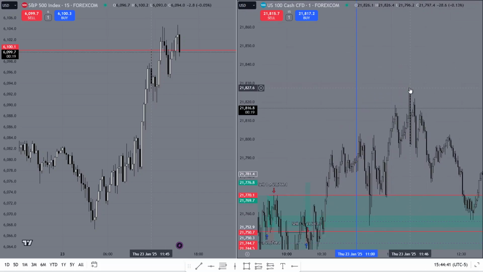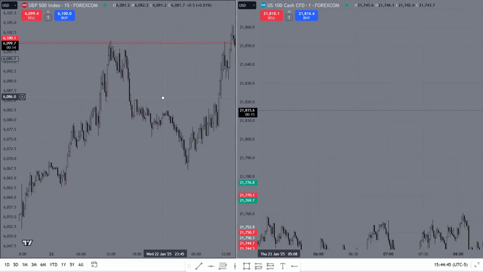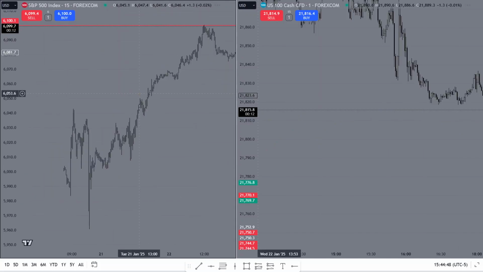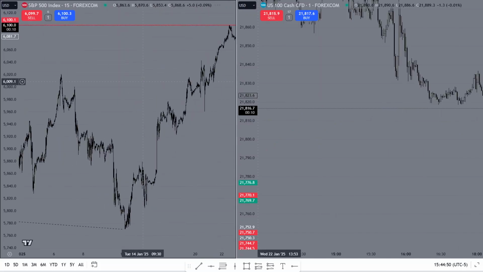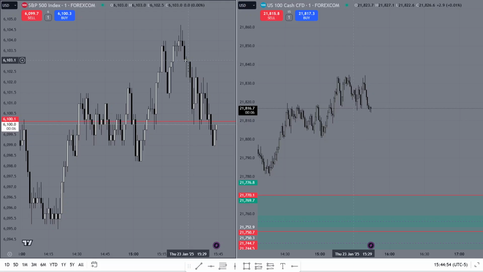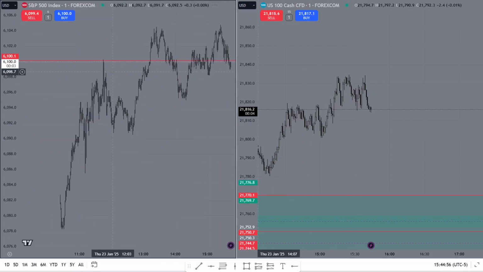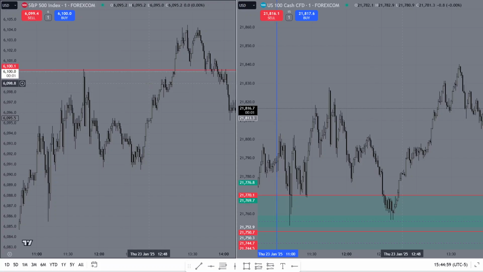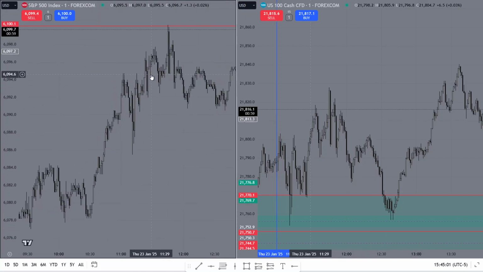It got to this point. What time is that? 11:46. Let's look at what happened at 11:46 here in ES. That's a 15-minute chart. Let's go to the 1 minute chart and reset chart view. And 11:46, where would that be?